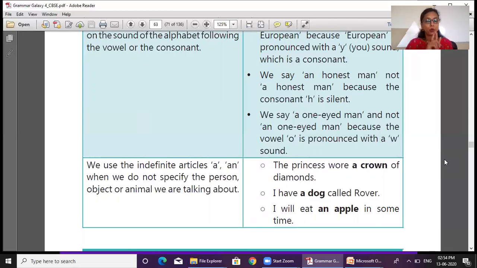An is used before the words which begin with vowel sounds. So when you identify the words, you listen to the sounds they start with. And the third rule is these two articles are used to talk about non-specific objects, when we are pointing towards things, persons, and animals in general, not particular or definite ones.